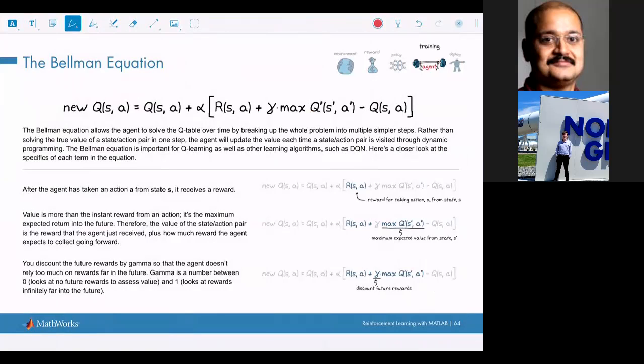So if you look at this Bellman equation, if you look at that MATLAB code, that MATLAB code is actually solving this Bellman equation.